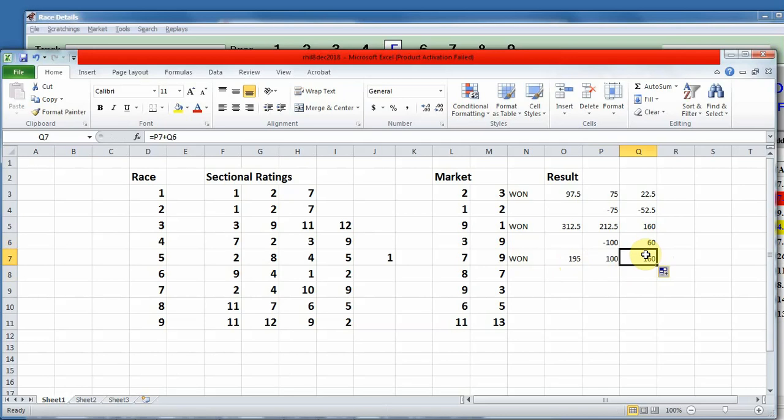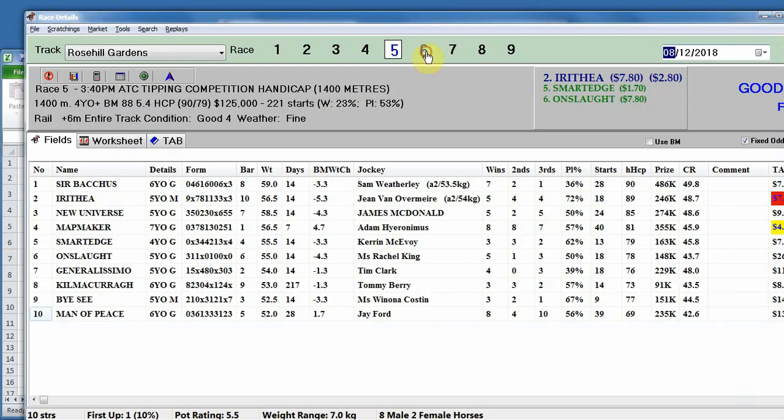Looks like my calculations aren't quite right here. Anyway, that should be near enough anyway. That one won.